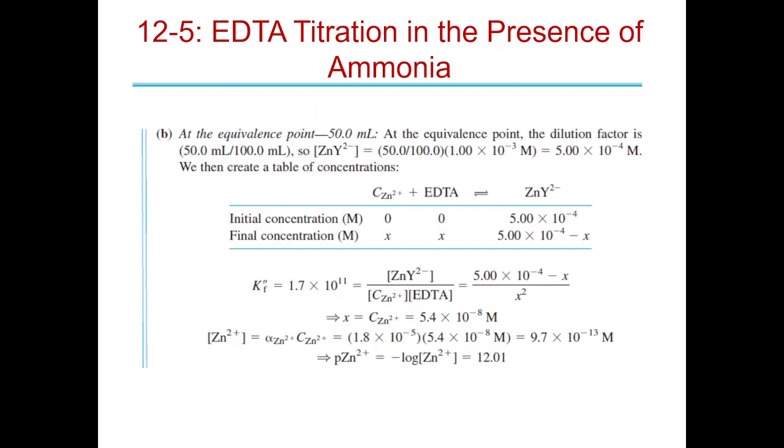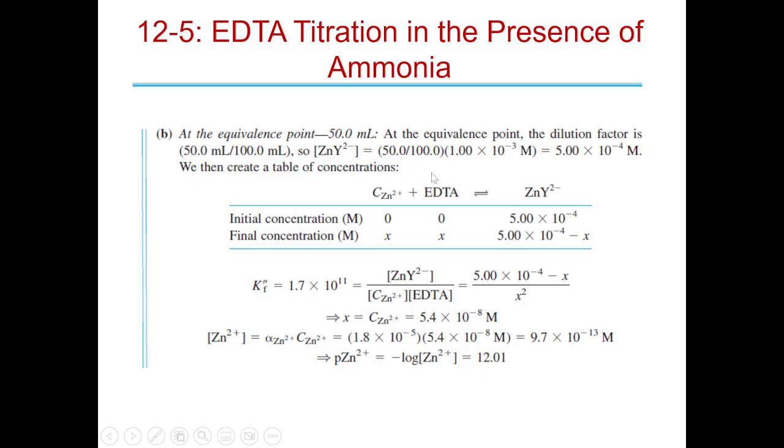Okay, so at the equivalence point, what will we have? So remember that the equivalence point is where the concentration of the zinc and the EDTA in all of its forms will be equal, right? So the easiest way to handle the equivalence point is typically to figure out what this would be if it all bound and see what falls apart. Okay?